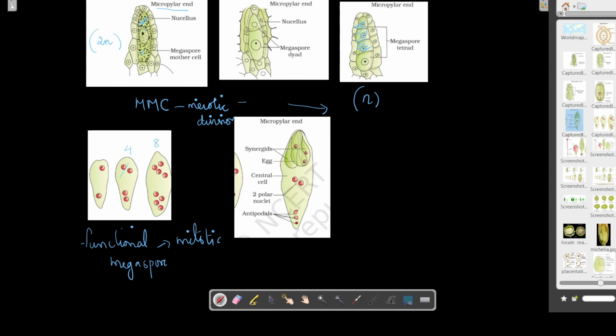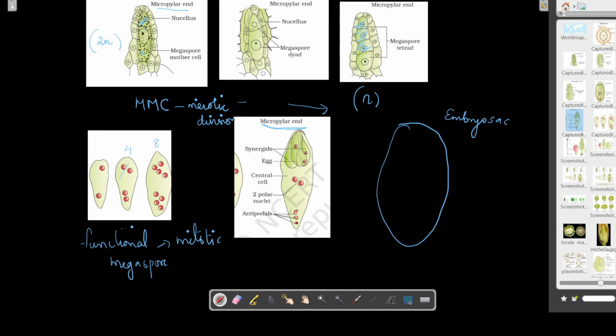What happens is, each nucleus gets cytoplasm and differentiates into cells. Always remember, they always mention this is the micropylar end, okay? This micropylar end has 3 cells. Imagine this is a structure, and now this structure is called the embryo sac, because the embryo is going to grow inside this.